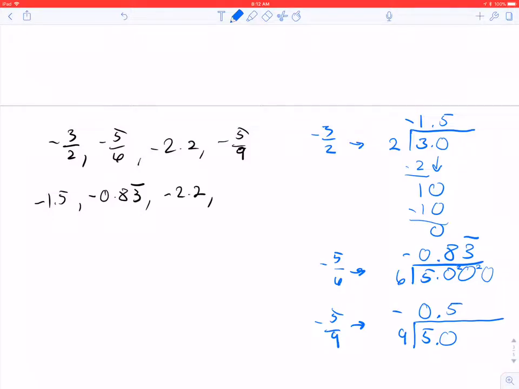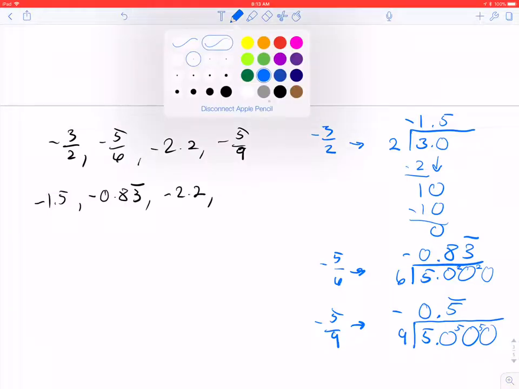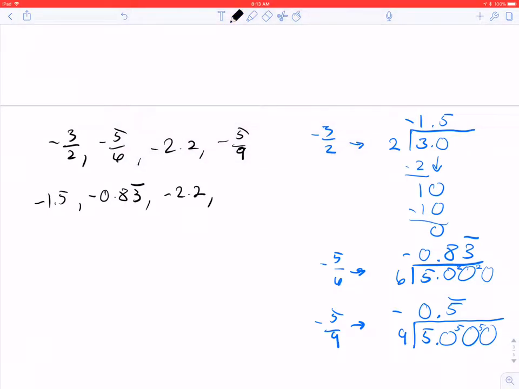Subtract, you get a remainder of 5, and you can add a 0. Then it's going to be the same thing, remainder of 5, add a 0. So we see that it's going to be the same thing over and over. So that means we're going to have 0.5 bar, which means the 5 is repeating. So this last one is going to be a negative 0.5 bar.